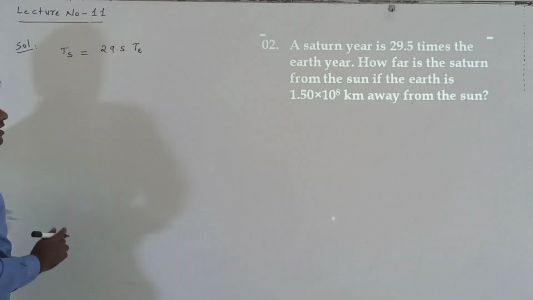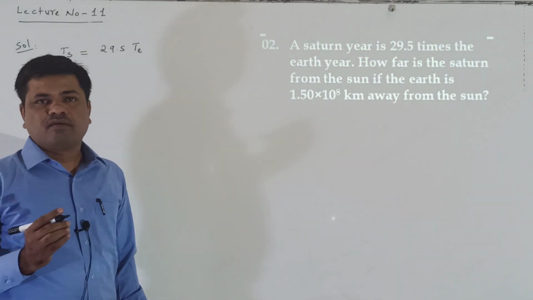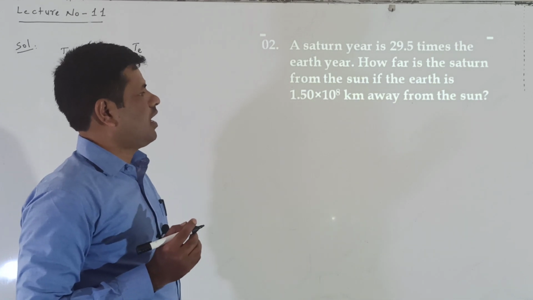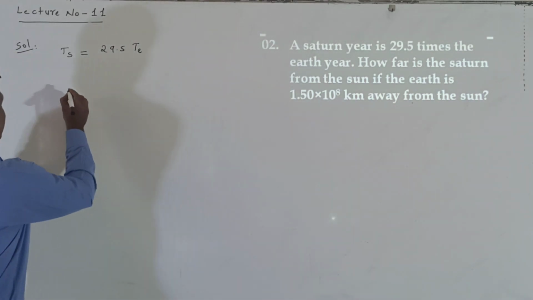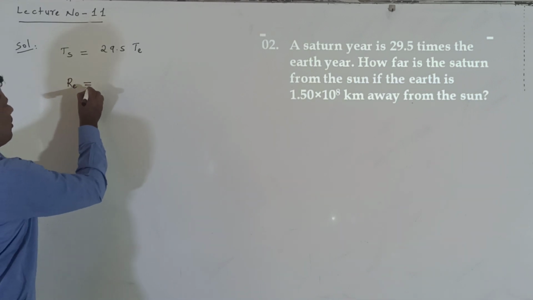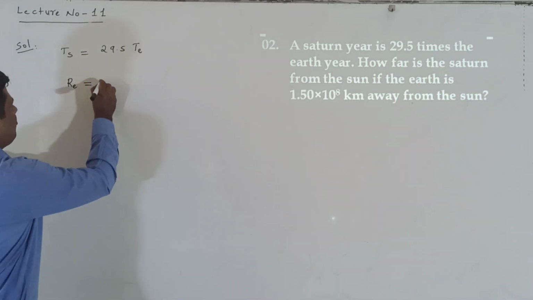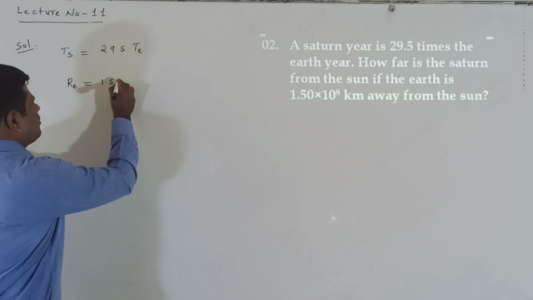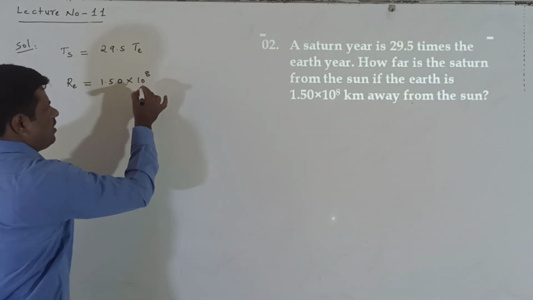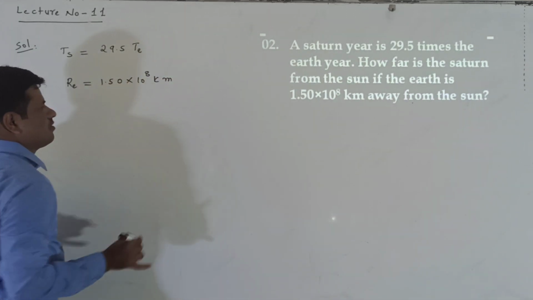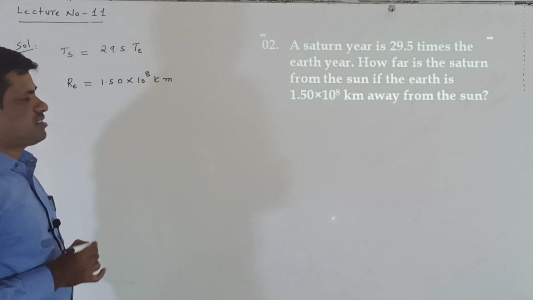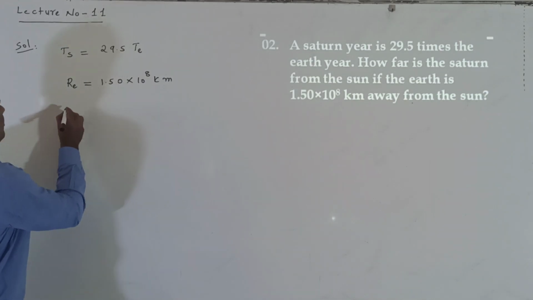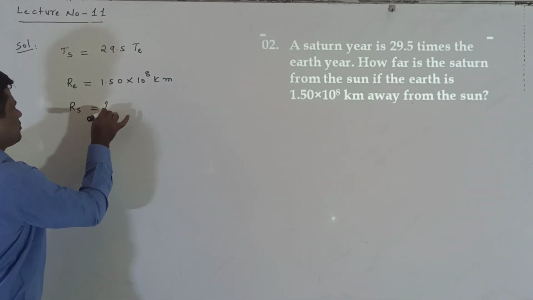Now I am writing that distance here. The Sun to Earth distance I write as RE. RE, the Earth's distance from the Sun, is 1.50 into 10 power of 8 kilometers. Saturn's distance we have to find; I take it as RS, equal to how much?